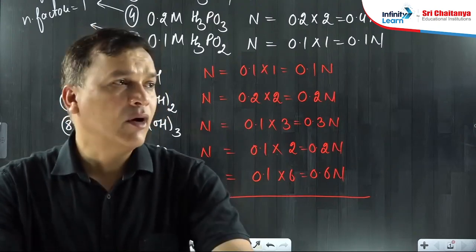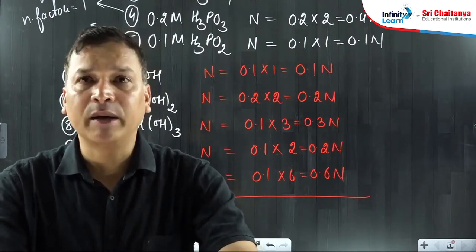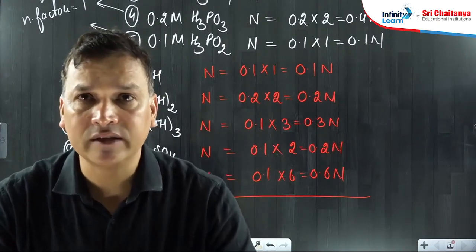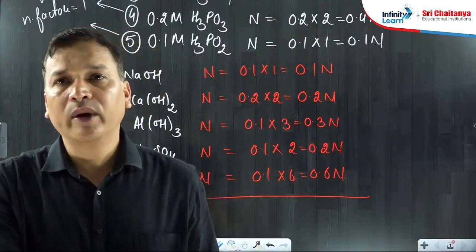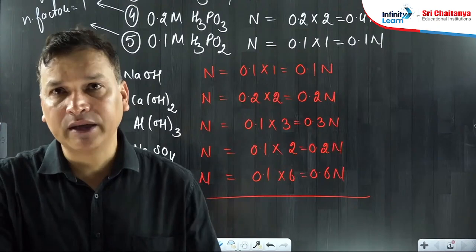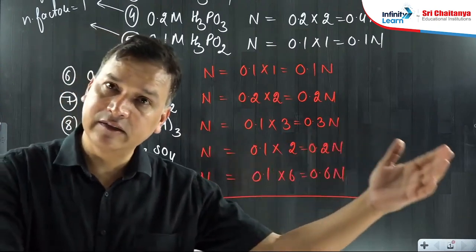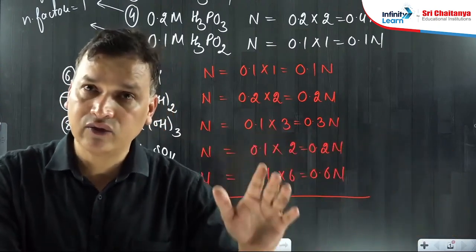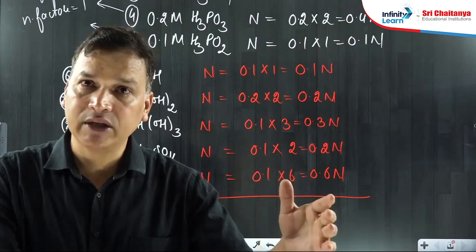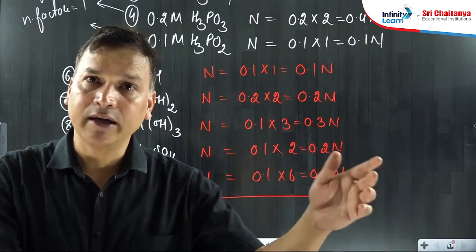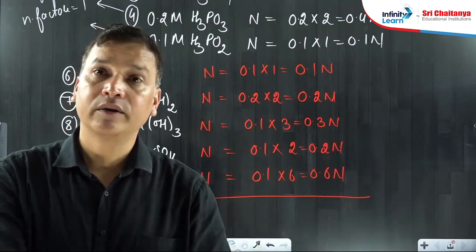For an acid, the number of H positive that can be furnished by one molecule of acid is called its n factor. For a base, the number of OH negative that can be furnished by one molecule of base is the n factor of base. For a salt, it is the total positive charge or total negative charge. You got it or not?